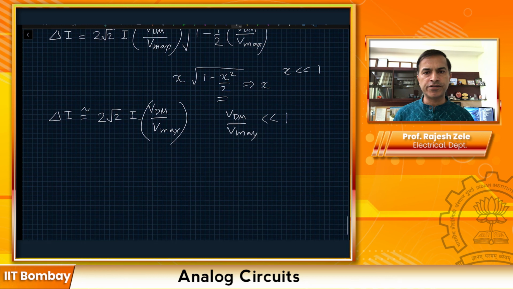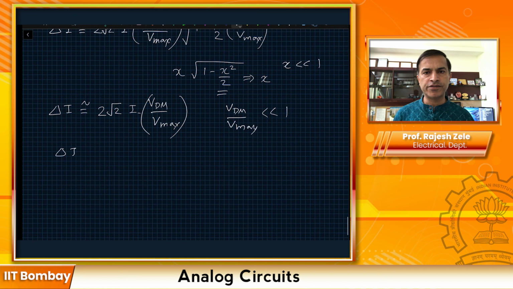So now I can say delta I divided by VDM, that would be your big block GM, the transconductance of the big block, because you have output current and differential input voltage. What is that equal to? This will look like 2 root 2 I divided by Vmax.